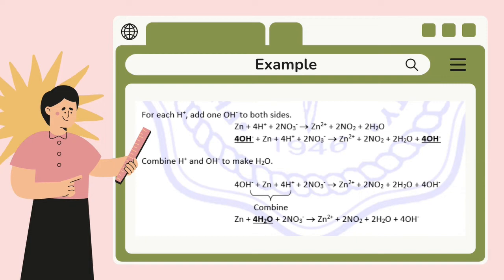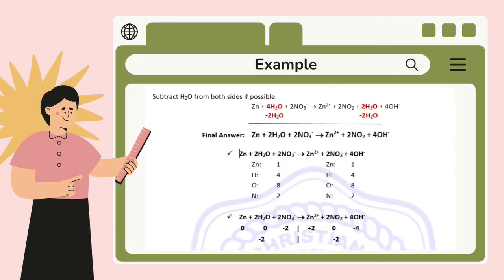Right after that, we're going to be combining H+ and OH-. And right after we combine them, we're going to have water molecules. So with that, after combining the hydrogen and OH- ions, we're going to have Zn + 4H2O + 2NO3- produces Zn2+ + 2NO2 + 2H2O + 4OH-.